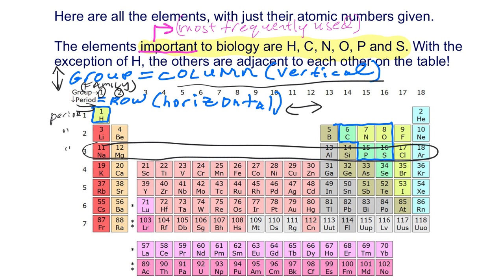Family 1, family 2, and all these guys in the middle. Family 13, 14, 15, 16, 17, 18. Now you can skip the ones in the middle. Call this family 3, 4, 5, 6, 7, 8. That's a better way to do it.